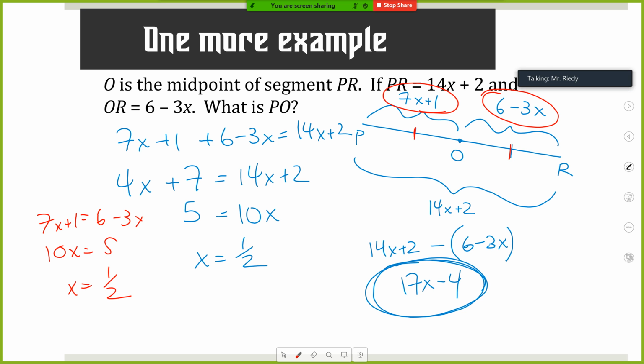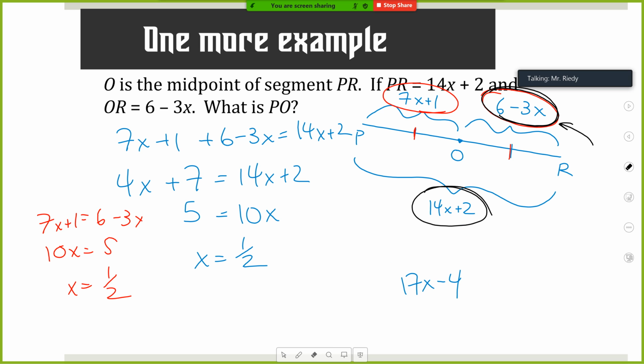Second method. Okay. Third method. I know that this is half of this, or this times 2 equals that. So I could set up the following equation: 6 minus 3x times 2 equals 14x plus 2.